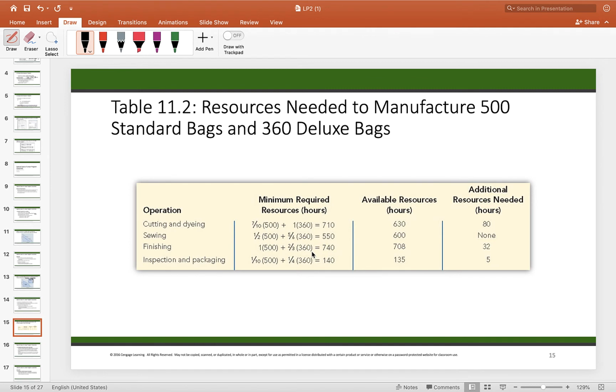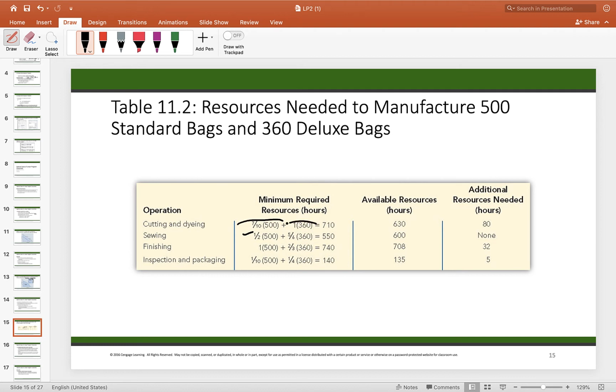And you can do it like this by using the formulas that we were looking at before. So for cutting and dyeing, if I want to make 500 standard bags and 360 deluxe bags, well, each of the standard bags takes 7/10 of an hour to actually cut and dye. So if I'm going to make 500 of them, then the time is going to be 7/10 times 500 bags.